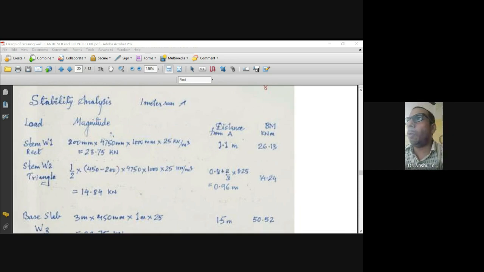So this becomes W1, this becomes W2, this the slab thickness, this total becomes W3, and the soil retained at the back becomes W4. And if we are taking, the first part is the load, second part is distance from point A, that means distance from this edge. The third part is moment, that is load multiplied by the distance. That will give us the bending moment.